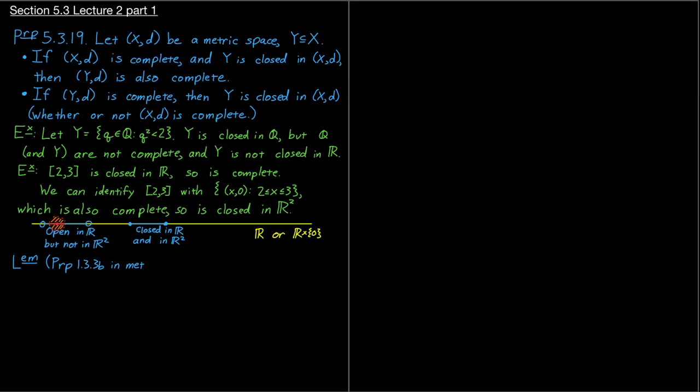Remember, section 1.3 is all about the real numbers, so there are some propositions in section 1.3 that are special to the real numbers, that don't carry up to general metric spaces. Anything involving a lim sup or inf, for example, is special to the real numbers, but there are a lot of propositions that generalize just fine. So let's let (X, D) be a metric space.